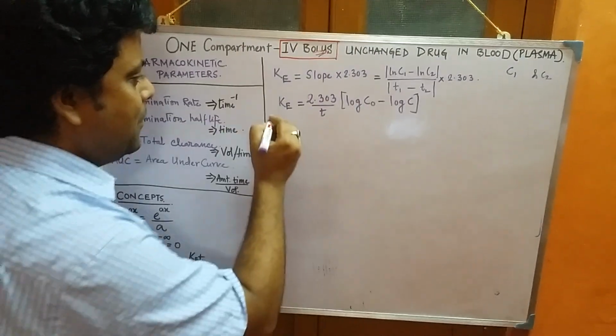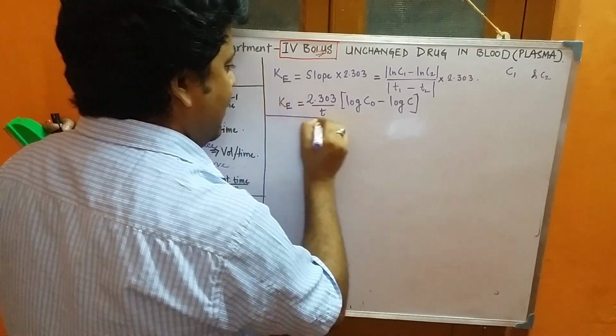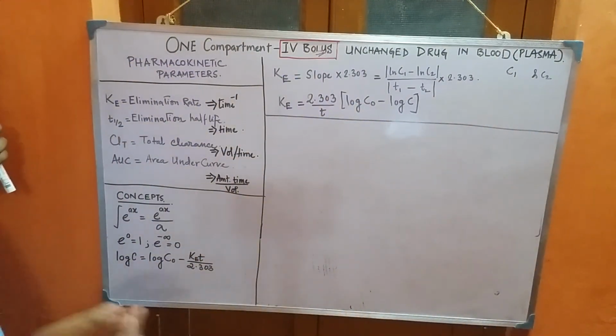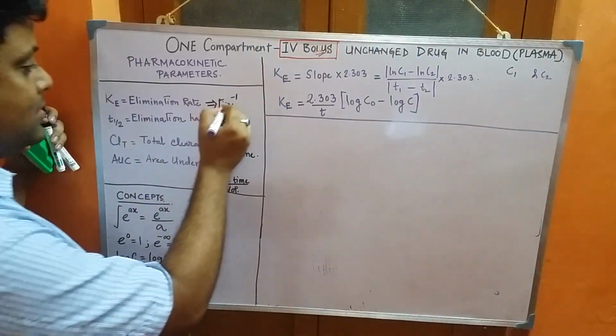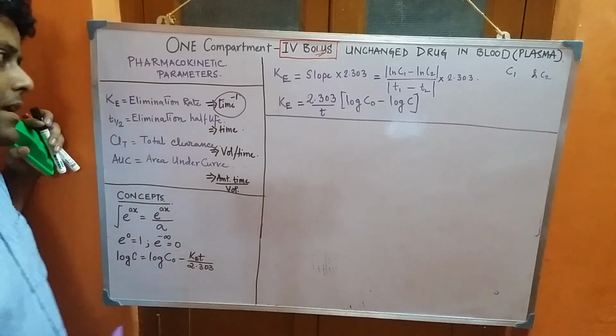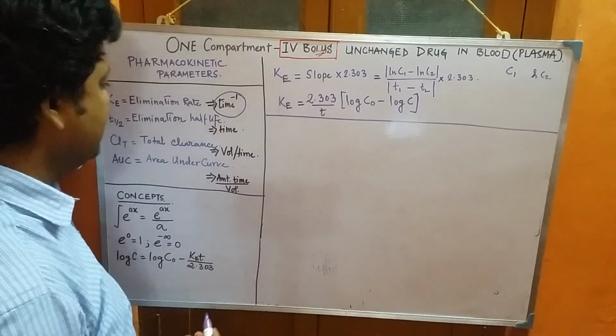So this is the way by which we can derive our Ke. Now its unit is time inverse. First order rate kinetics unit is always time inverse.